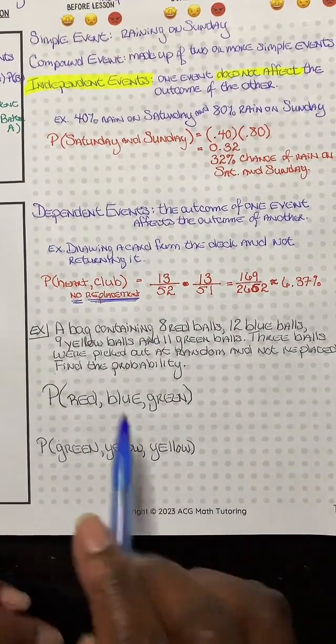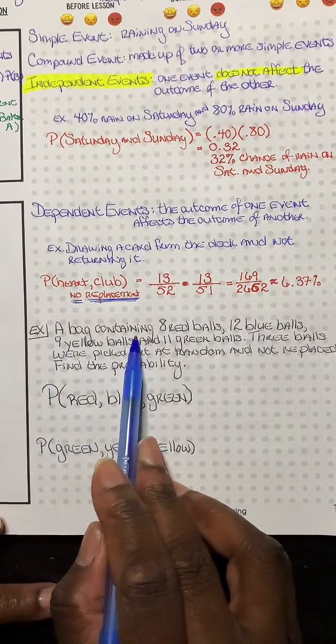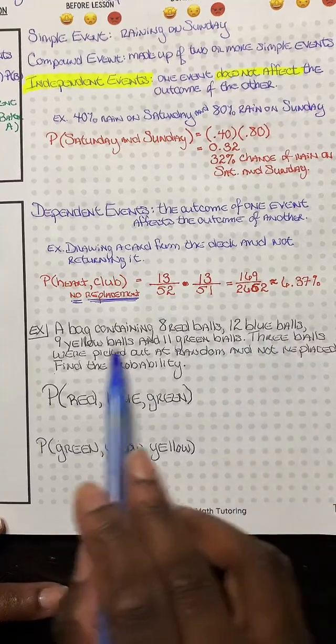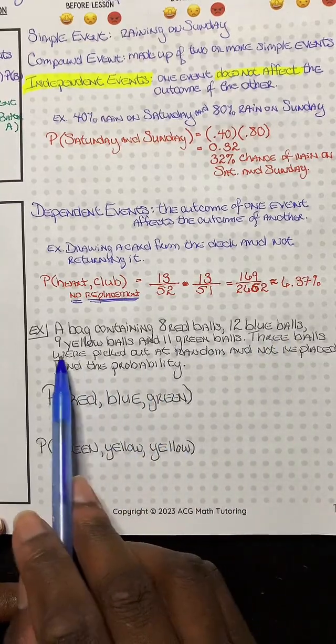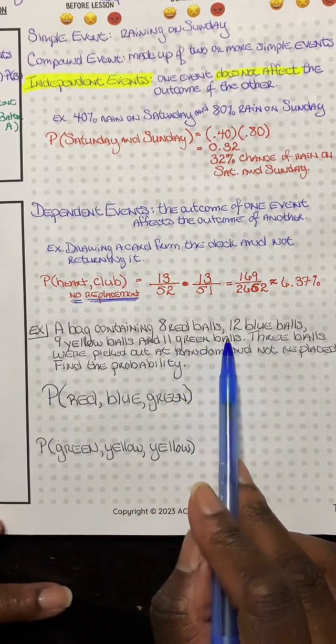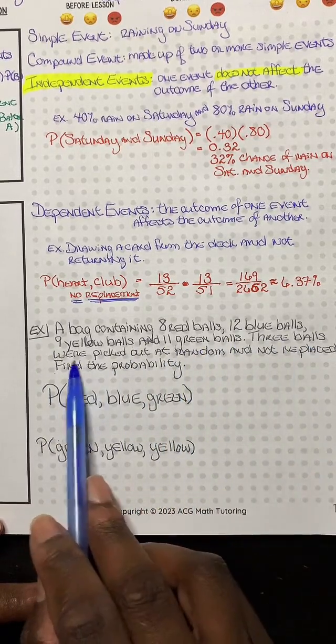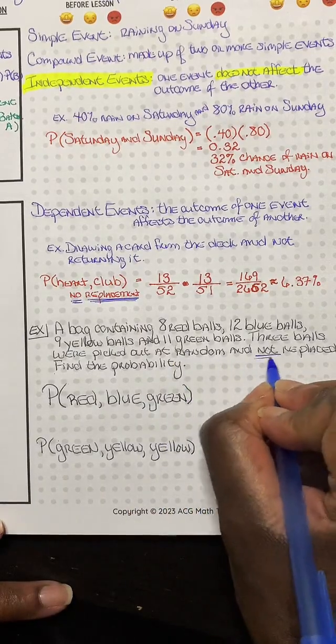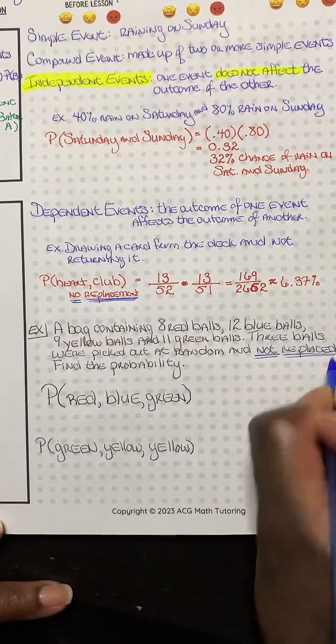All right. So, a bag containing 8 red balls, 12 blue balls, insert jokes here, 9 yellow balls, and 11 green balls. 3 balls were picked out at random and not replaced.